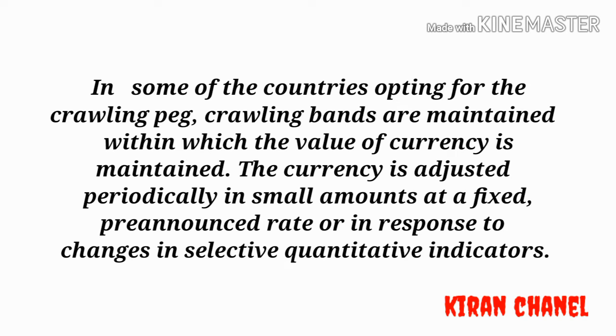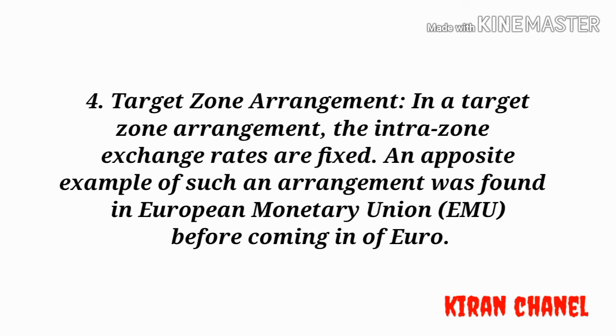Crawling bands are maintained within which the value of the currency is maintained. The currency is adjusted periodically in small amounts at a fixed pre-announced rate or in response to changes in selective quantitative indicators. 4. Target zone arrangement.